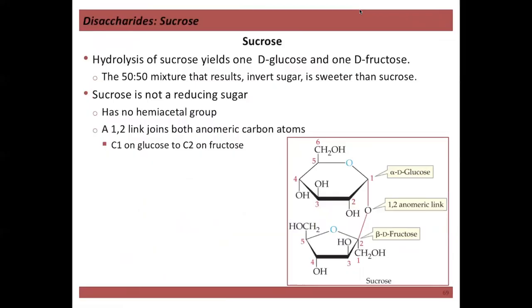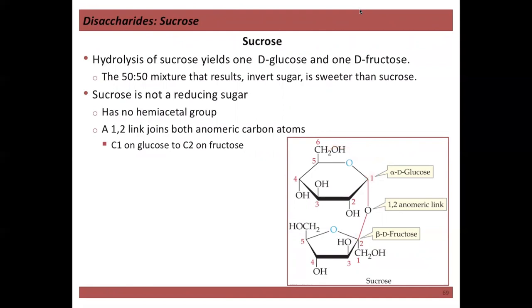Now, sucrose is a really interesting sugar. As I said, when we go to classify it, we tend to find the anomeric carbon, and we're going to figure out the linkage. There's one anomeric carbon, but what's interesting is we're actually linking to another anomeric carbon. So this is glucose on top, and we're linking from carbon 1, and this is the alpha anomer.